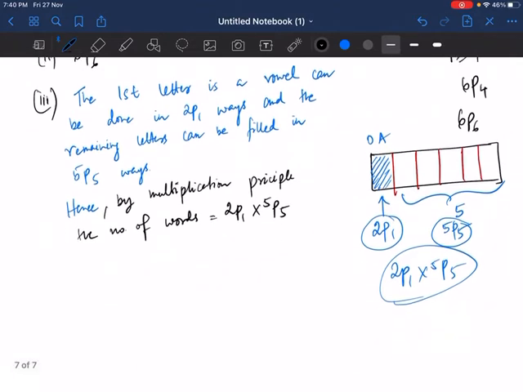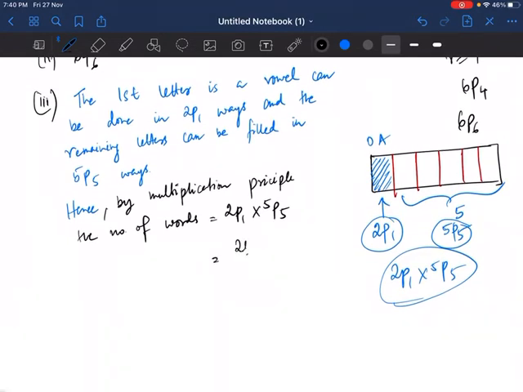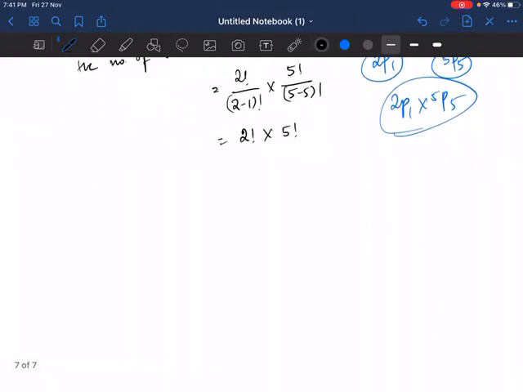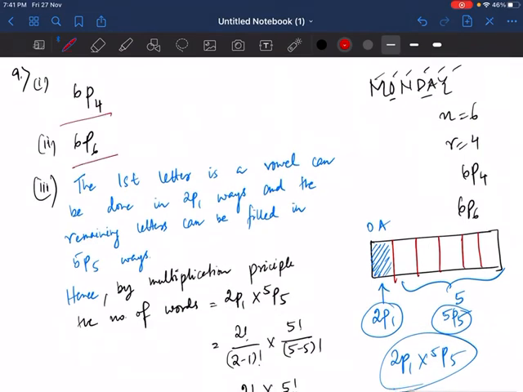So the answer will be 2 factorial divided by (2 minus 1) factorial, into 5 factorial divided by (5 minus 5) factorial. So that comes out to be 2 factorial into 5 factorial, because 5 minus 5 is 0 factorial and 0 factorial is 1. Then you have to multiply and write the answer. So this is how we do question number 9. Okay, now I am leaving it, I am not writing the answers.